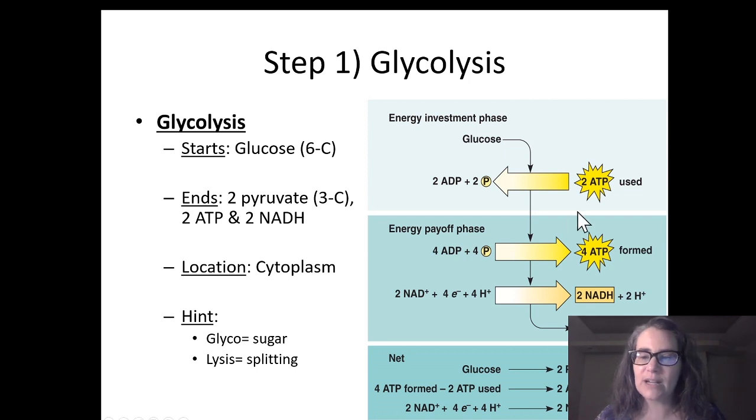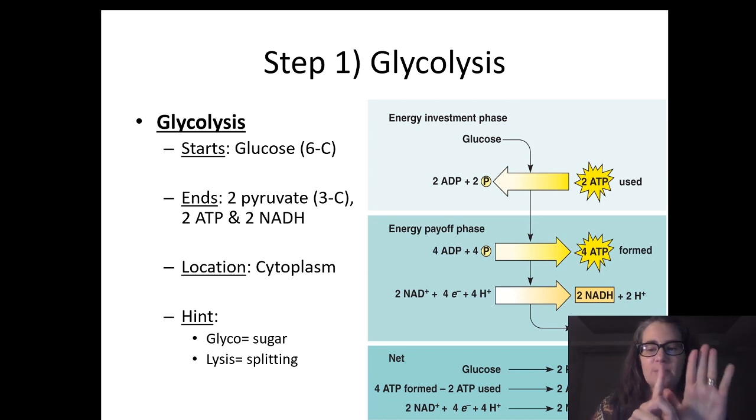I want to sort of direct your eyes over to this flow chart over here. I want you to notice that this particular first step, glucose is a little bit of an uneven molecule, and one of the first things that we have to do is we have to even it up so that the 3 carbons are equally split or easily split.